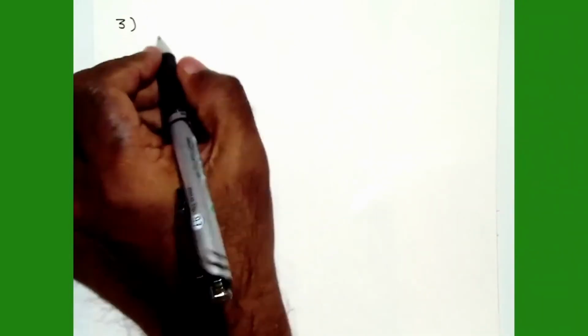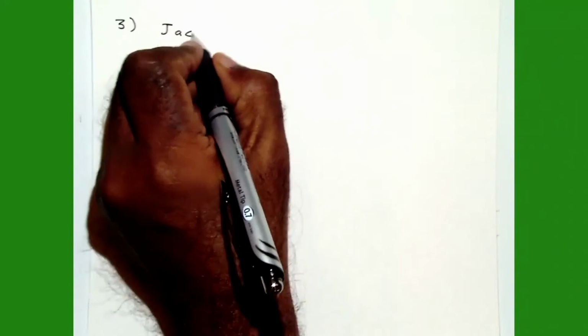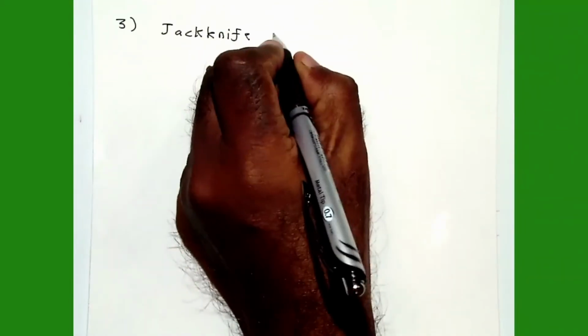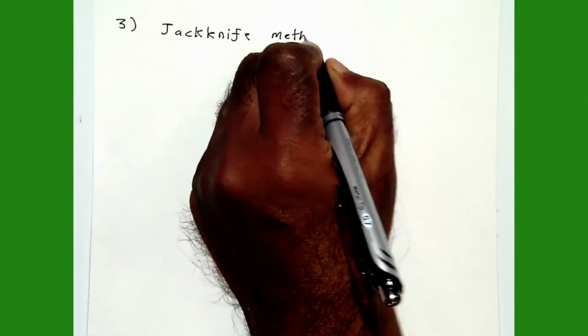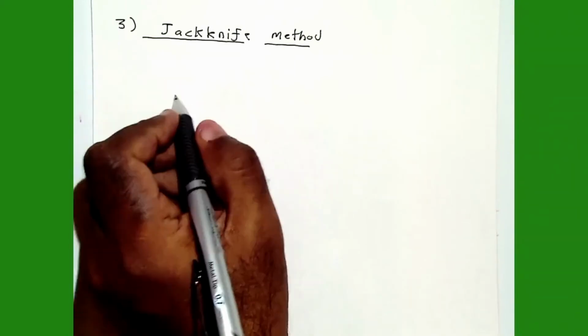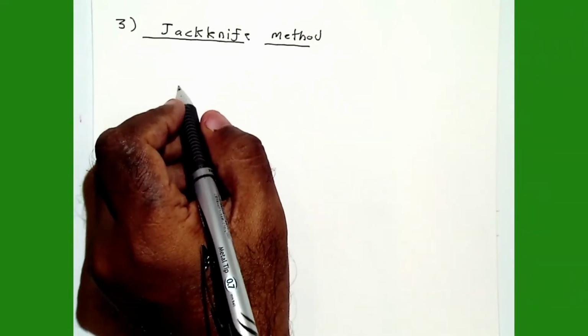The third method for estimating ES is the Jackknife method. Again, we talked about this method under the heading Nonparametric estimation of VaR.